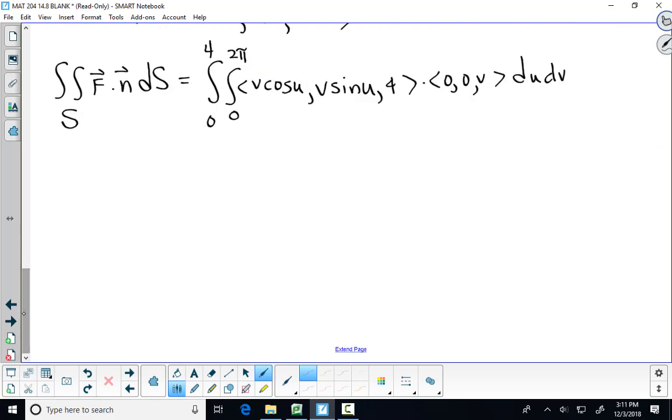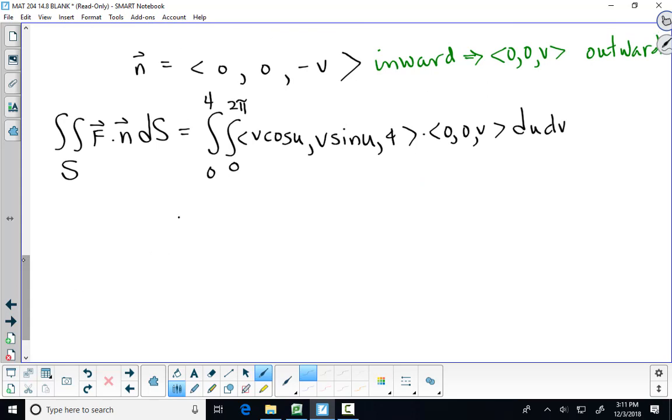So this one we're hoping is going to give us everything. Dot this together, and what do we get? 4v. So we get the integral from 0 to 4, 0 to 2 pi, of 4v du dv. No u in here, so we're going to multiply by 2 pi. So now we have 8 pi on the outside. And we're going to integrate v with respect to v.